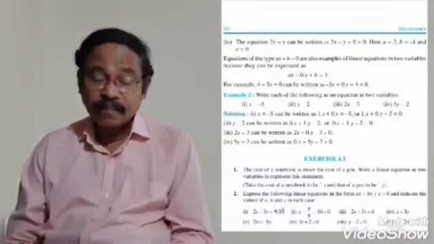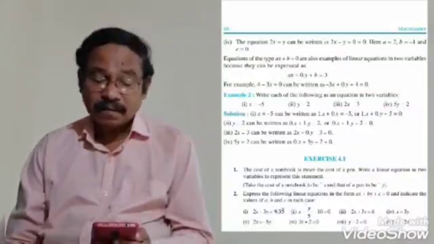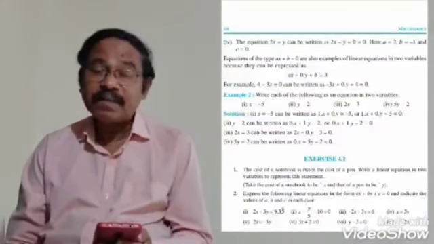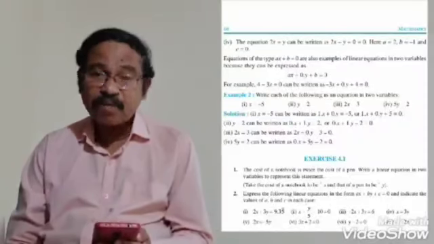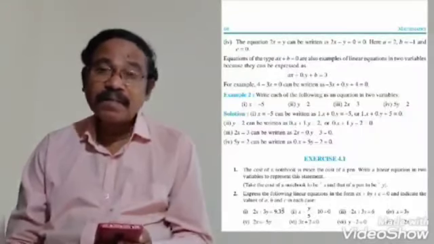Third question, minus 2x plus 3y is equal to 6. So it can be written as minus 2x plus 3y minus 6 is equal to 0. So a is equal to minus 2, b is equal to 3, c is equal to minus 6.